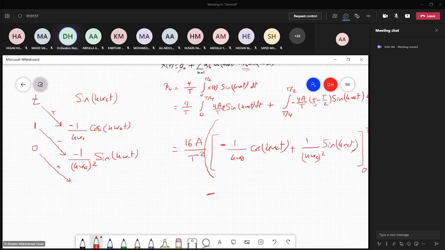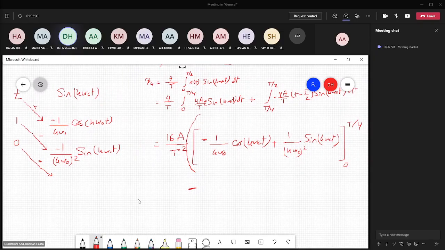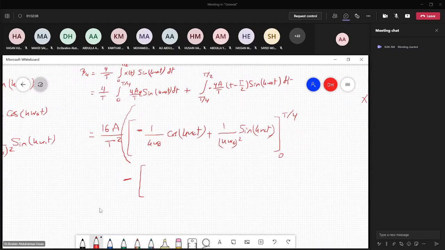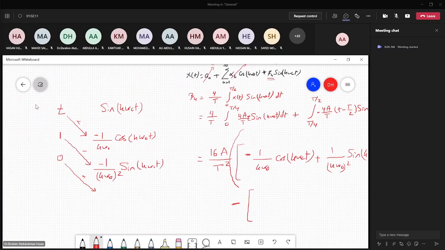Derivative of this one, it is equal to 1. So then you will get here t multiplied by this one.